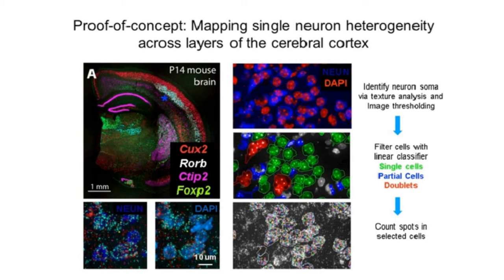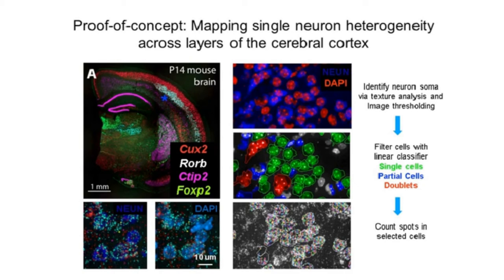We can identify the neuronal cell bodies, which contain a lot of RNA, using supervised texture segmentation and image thresholding. After we do this, our pipeline identifies a mixture of single neurons as well as Z-overlapping cell doublets, triplets, and cells that are only partially included in the tissue sections.